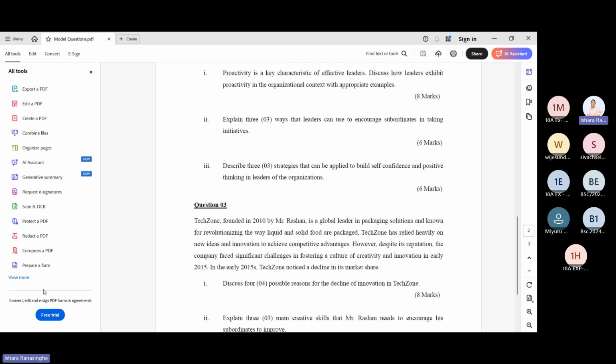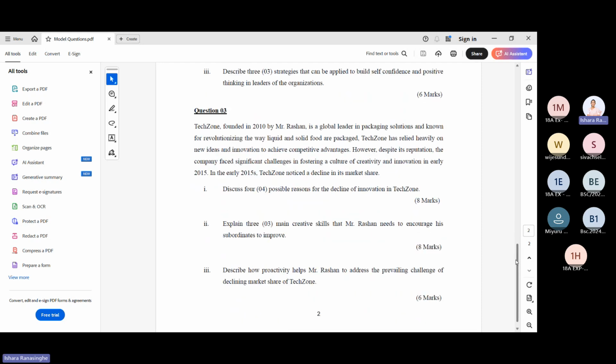So this is the relevant slide for that question. Here you can find different strategies with it. From all these strategies, you need to identify only 3. Right? Okay. So then move on to the last question. Last model question. It's from this creativity and innovation.